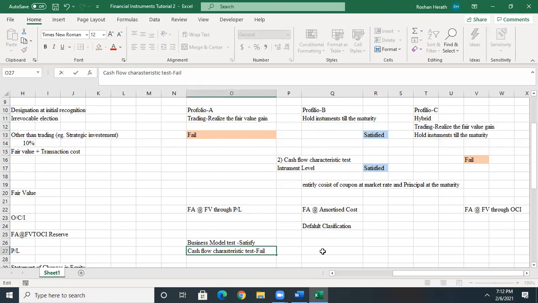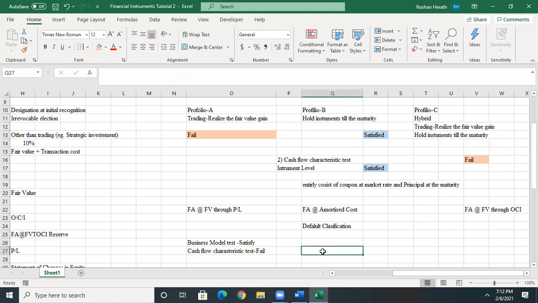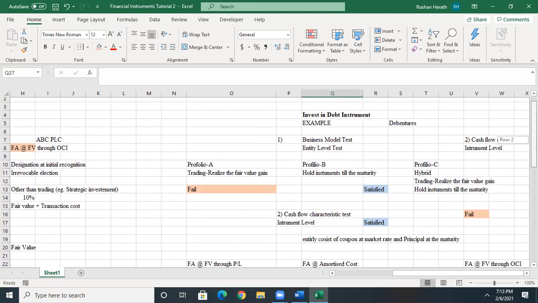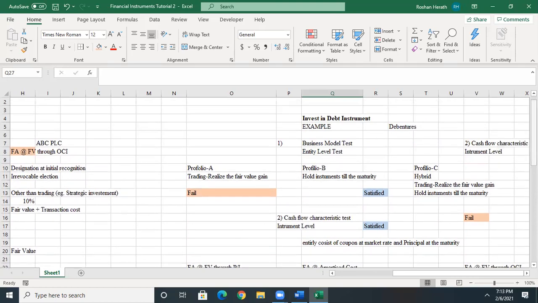What if you come up with something like this? Let me give you an example. Think about the instruments we discussed in the last class. What about investment in a convertible debenture? Say that you are going to invest in a convertible debenture.